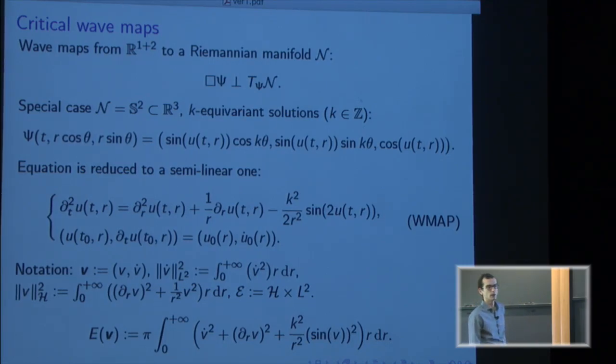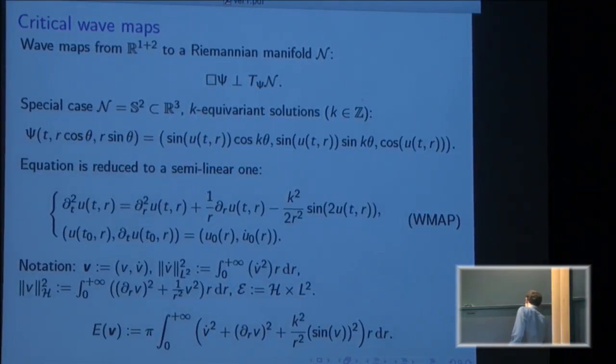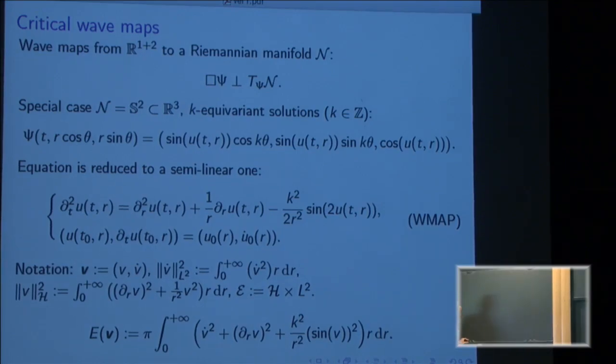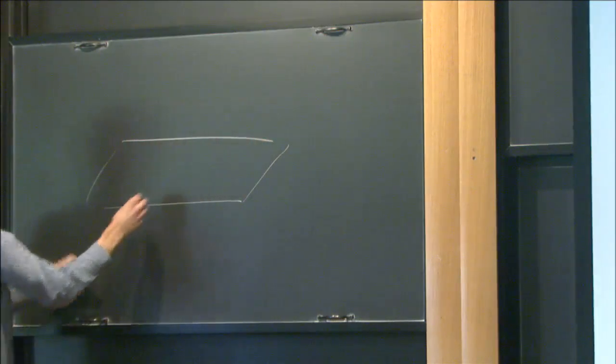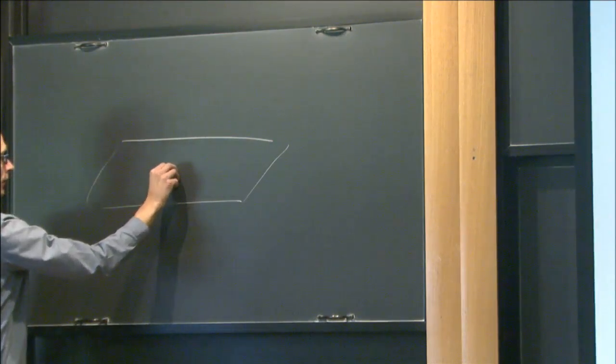Can you draw a picture? Yes, yes. I'm very bad at drawing 3D pictures. I wanted to avoid this, but okay. So we have a plane, and usually there can be any unit vector at each point.